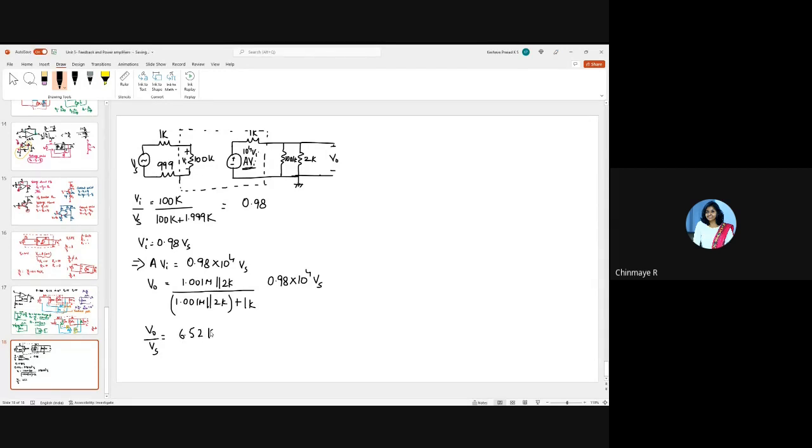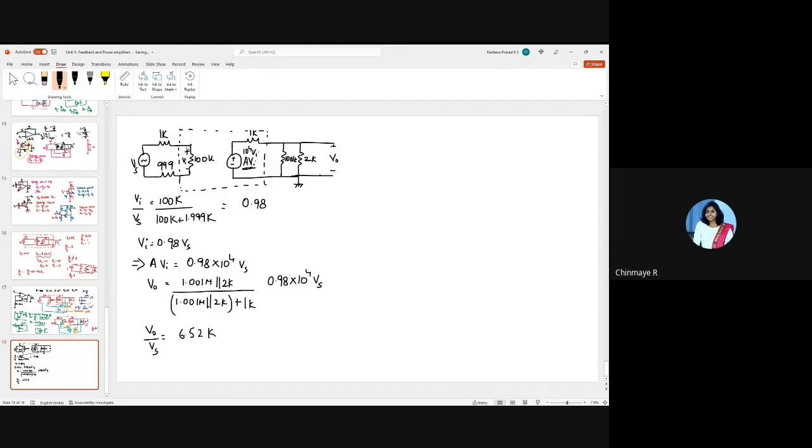So this will be around 6.52K or 53. Now I hope you can differentiate between this value 6.52K and the gain of the amplifier, 10 power 4. The gain of the open loop amplifier is 10 power 4 under no loading conditions. The open loop gain of the amplifier with the load is 6.52K, considering the loading conditions. I hope you're able to differentiate between the two.